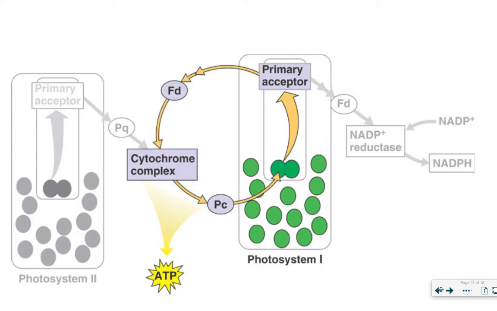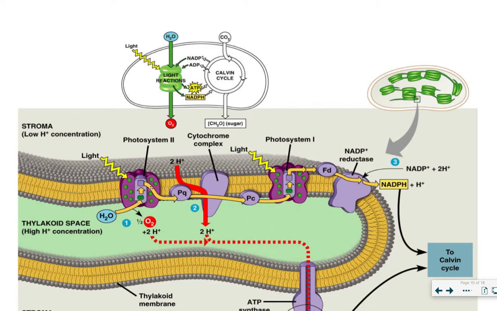So the previous slide is described as non-cyclic electron flow because the electrons are moving in a linear path from photosystem to photosystem and ultimately to NADPH.